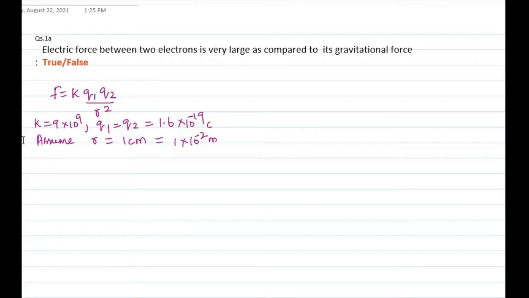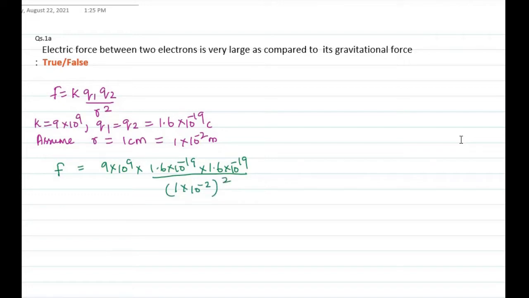So just convert centimeter to meter. Now substitute in the Coulomb's force formula. We will get 9 into 10 to the power of 9 into 1.6 into 10 to the power of minus 19 the whole square, divided by 1 into 10 to the power of minus 2 the whole square.